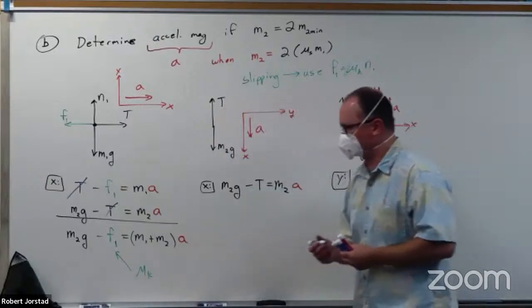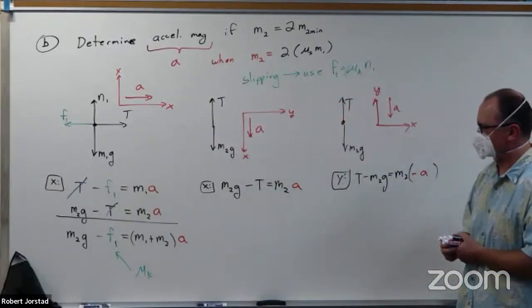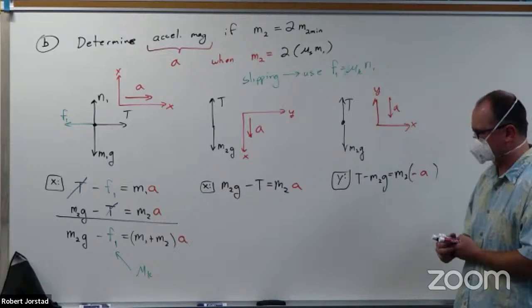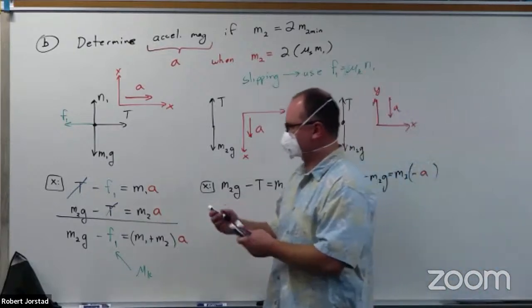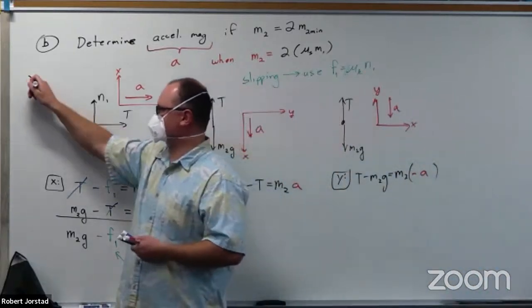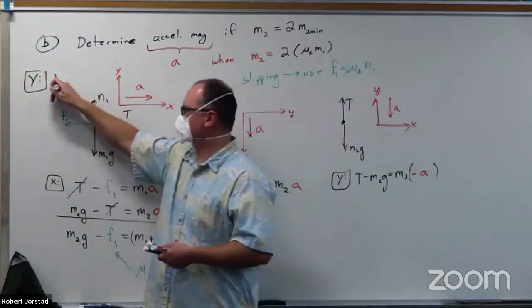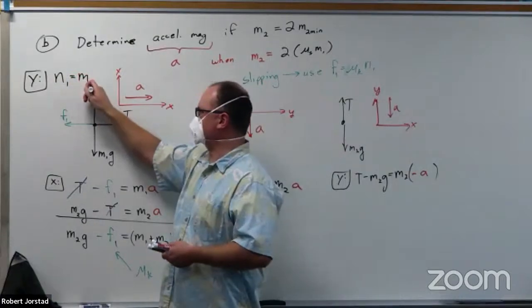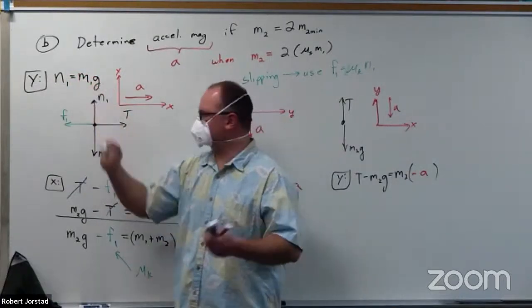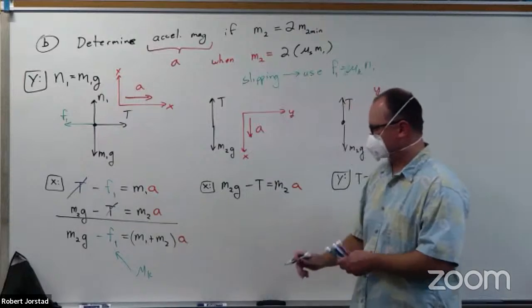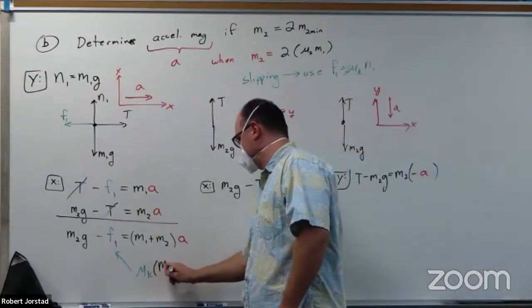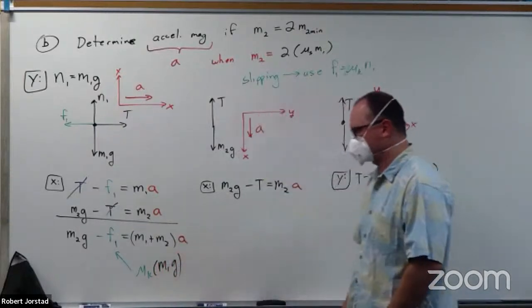Do I know the normal force N1? I could do an FBD here. Oh, I did. What's the forces in the y direction? N1 minus M1G. And do you agree because AY equals 0, ups equal downs, right? Looking pretty good here.